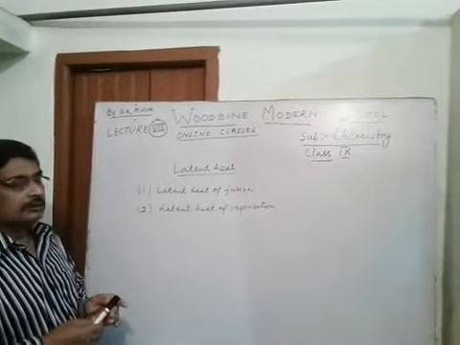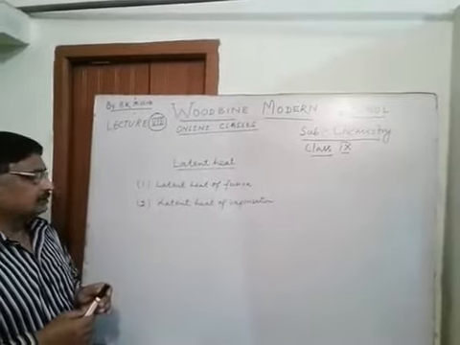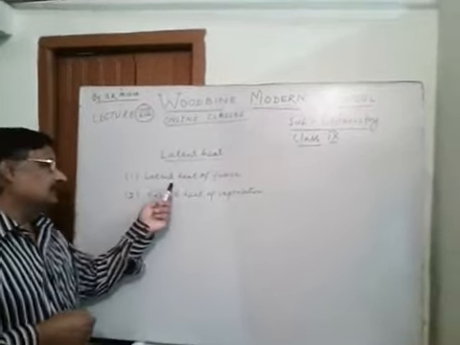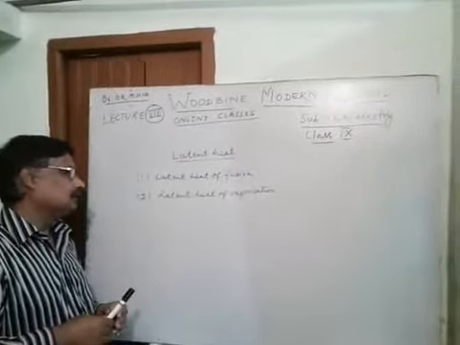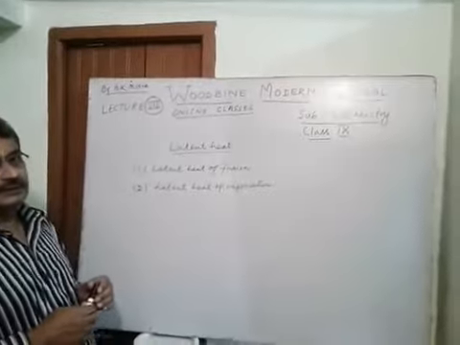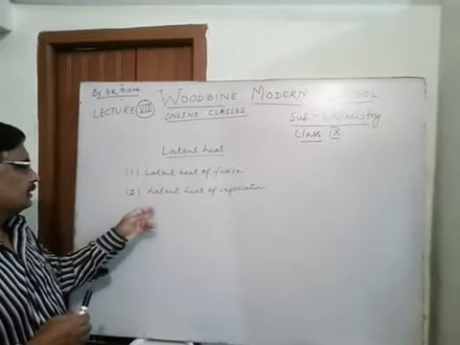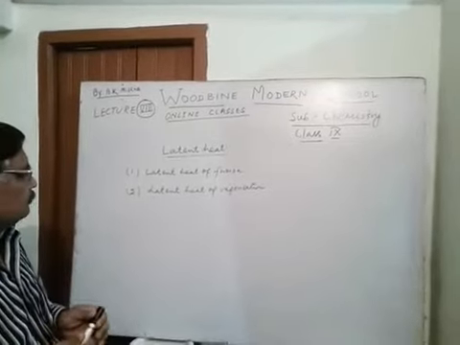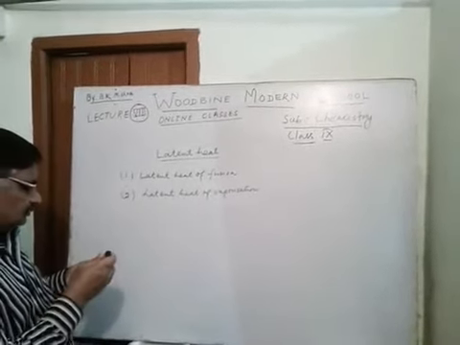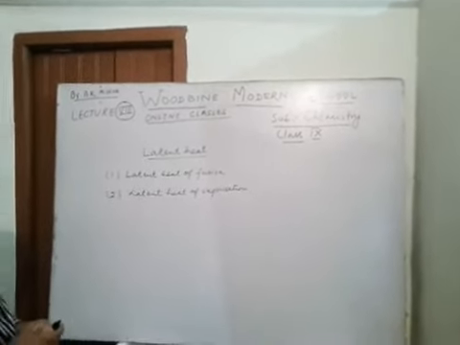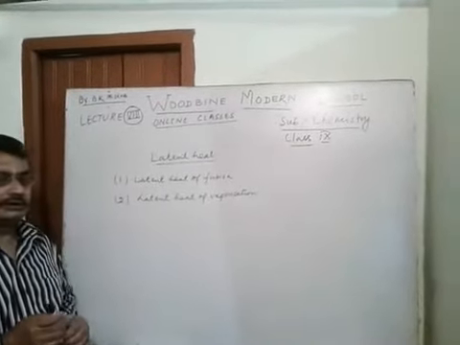When a solid converts itself into liquid state, the amount of heat required is known as latent heat of fusion, and when liquid converts itself into gaseous state, that is vapor state, then that is known as latent heat of vaporization.